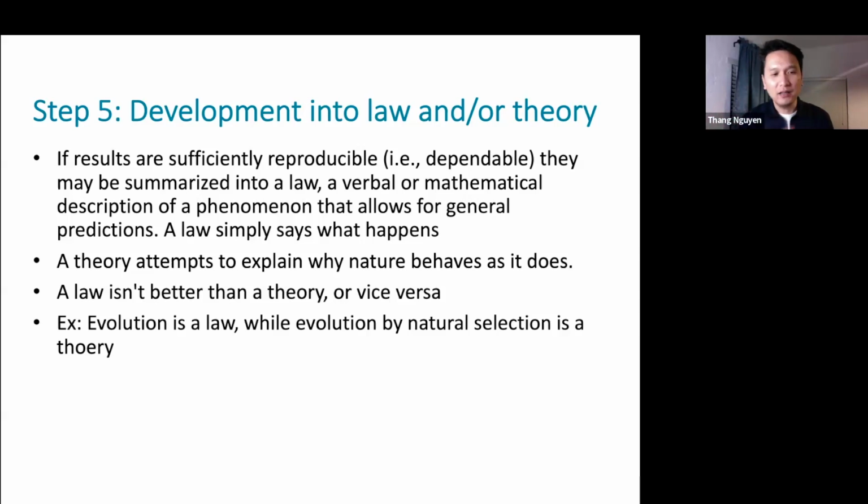This is not to say that a law is better than a theory or vice versa. They're just different things, right? A law versus a theory. So know the difference. Here's an example: evolution is a law, that animals will evolve over time, while evolution by natural selection is a theory. The theory explains that animals evolve the way they do because of natural selection, right? So that's the difference between a law and a theory.